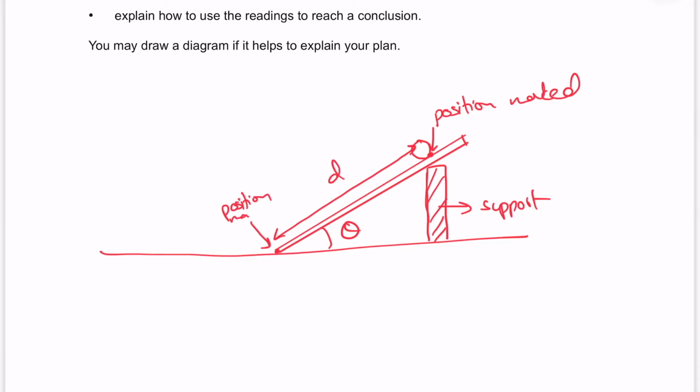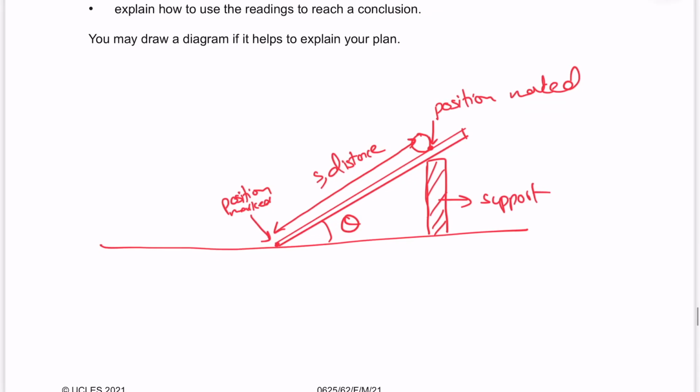We'll have to keep on repeating for different values of diameter. Let me call this distance S because diameter is measured with D. So anyway, this is the idea.